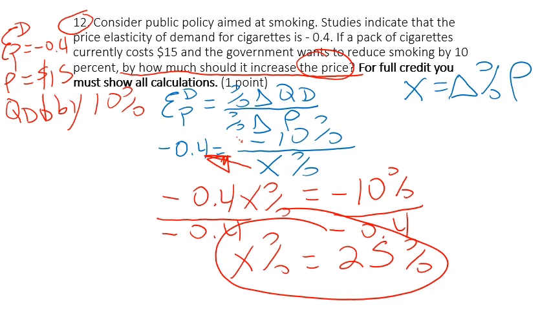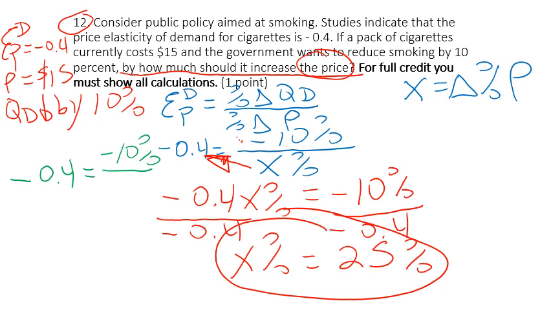All right, I'll just show you how this would look with all the numbers in. So the price elasticity of demand is negative 0.4. In the numerator, we have the percent change in QD as negative 10%.